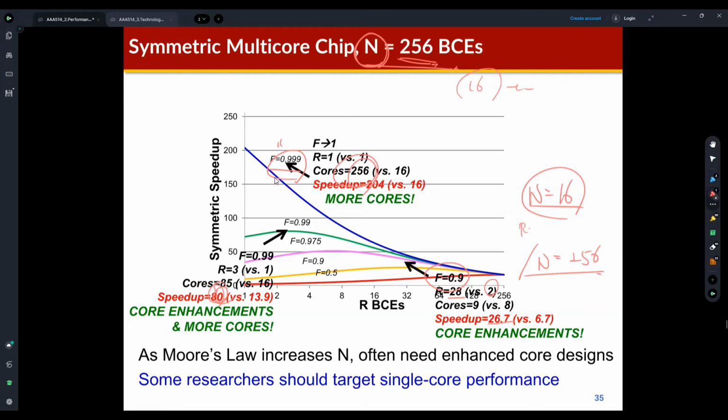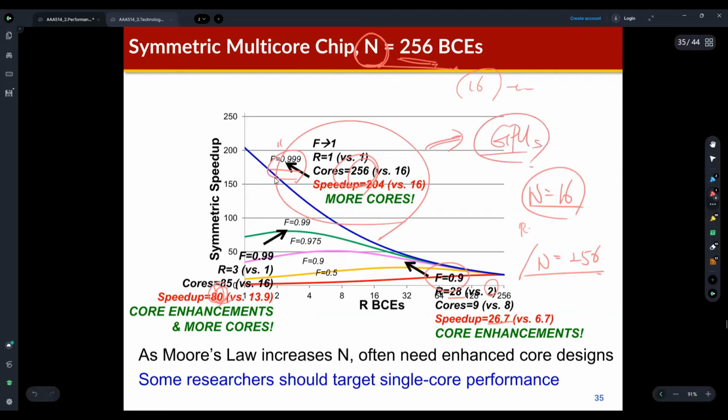This is very similar to GPUs. It means that's why GPUs are good for parallel applications, because in parallel applications, F is very high.